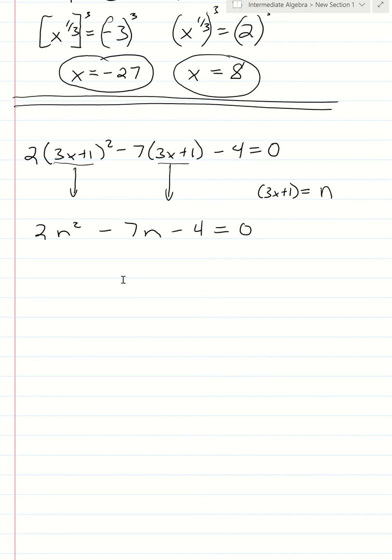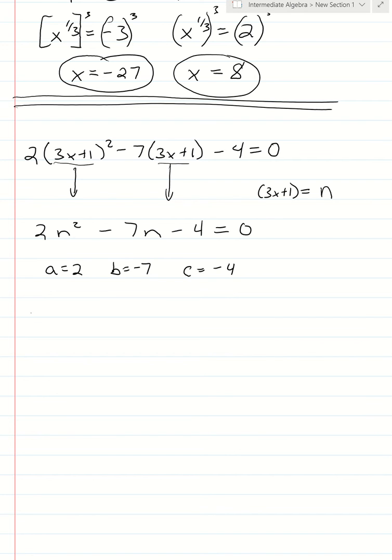And now we can see that once again we went from a much more complicated equation to a much easier, simpler quadratic equation. And once again, we could use any method of choice to solve this equation. Well, we haven't used the quadratic formula today, so let's use the quadratic formula. A is going to equal 2, B will equal negative 7, C would be equal to negative 4.